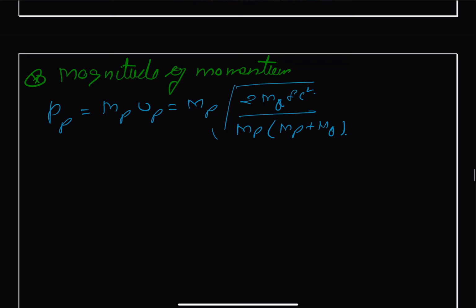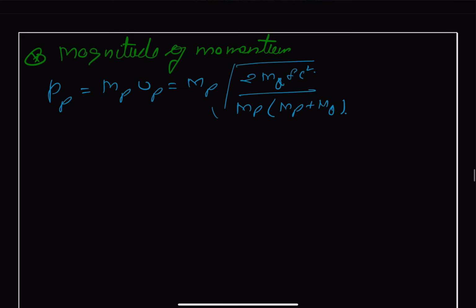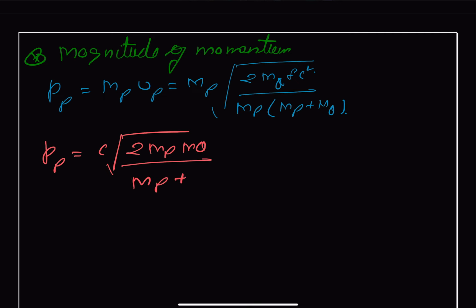C we can take outside the square root, and mp we can move inside. So from here we get the momentum of P will be equal to C square root of twice, this will be coming as mp mq divided by mp plus mq multiplied by delta.